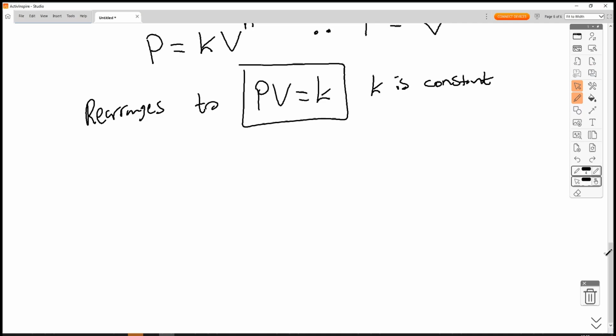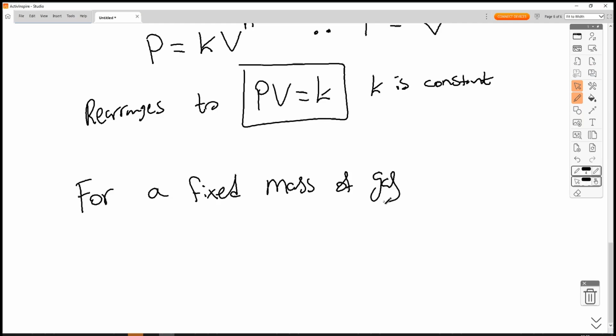So our definition starts with, for a fixed mass of gas, and we kept the temperature the same the whole time. So it's for a fixed mass of gas at constant temperature.